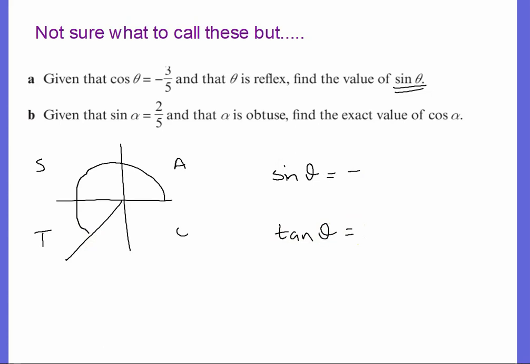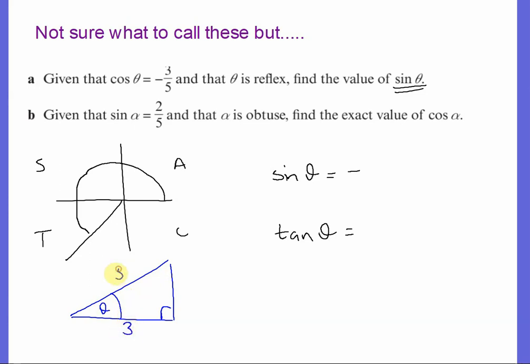Now, what I like to do with these questions is just go back to the understanding of the ratio. So with a cosine ratio, that's always in a right angle triangle, remember. And if that's theta, it doesn't matter where I put theta, we know that this 3 over 5 is the adjacent over the hypotenuse.